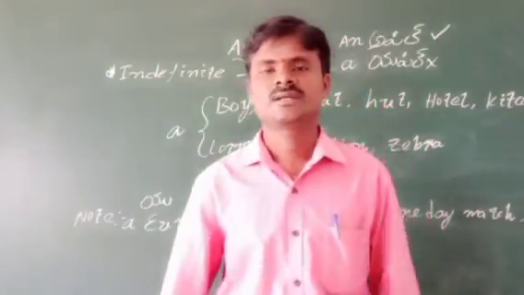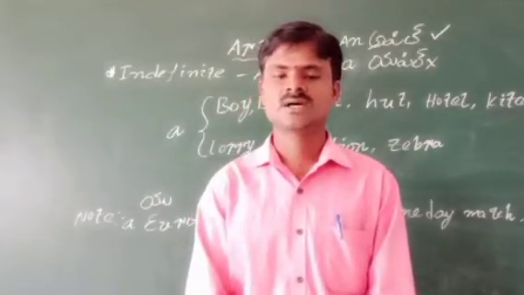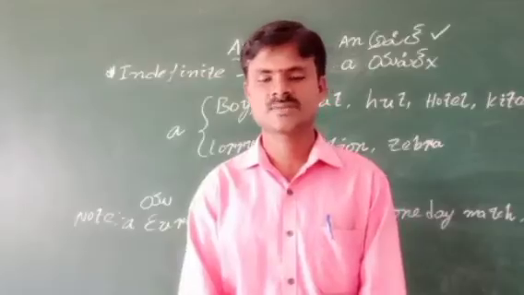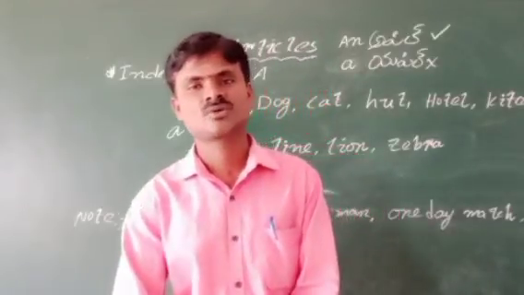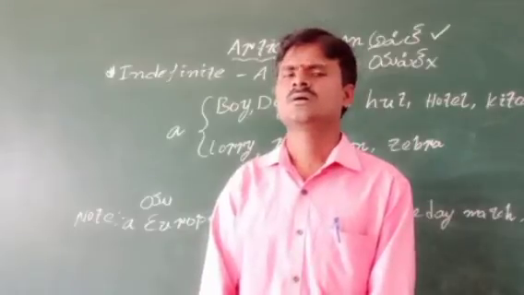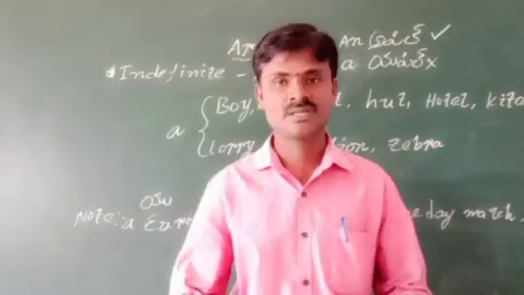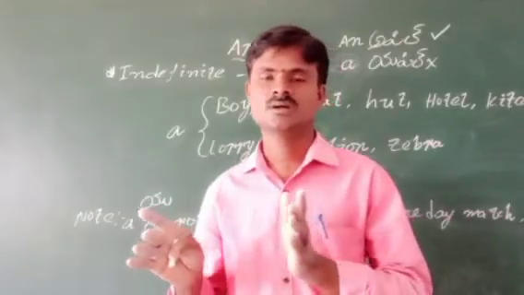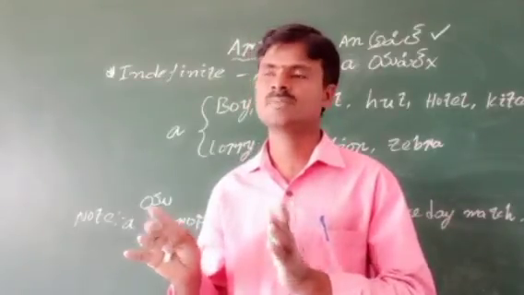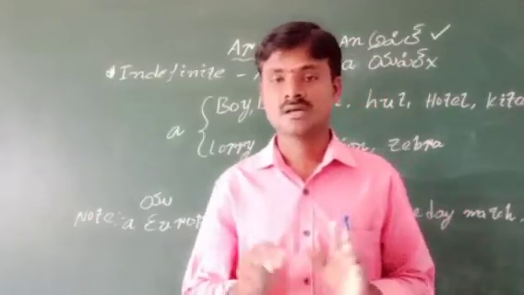Next, abbreviations, I told you already. Abbreviations like the USA, United States of America, the CBI, Central Bureau of Investigation, you have to use the before. The MP, member of Parliament, you have to use the MP.